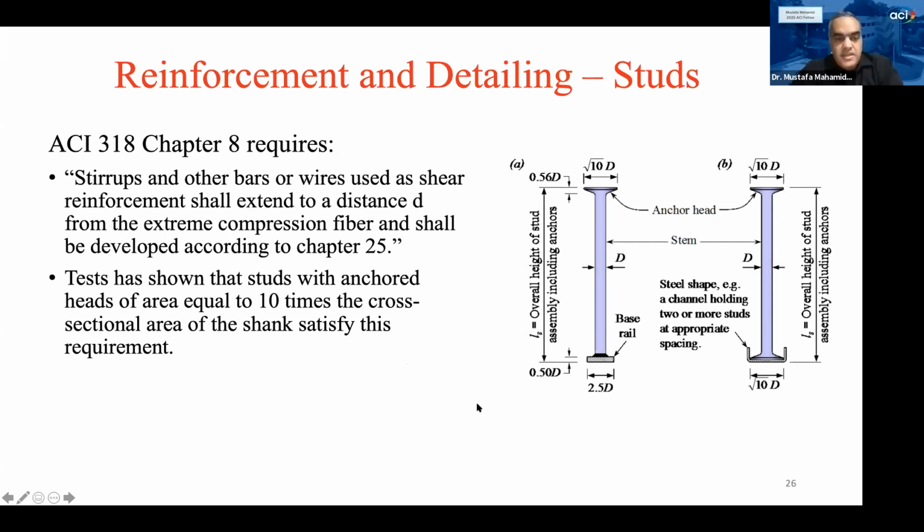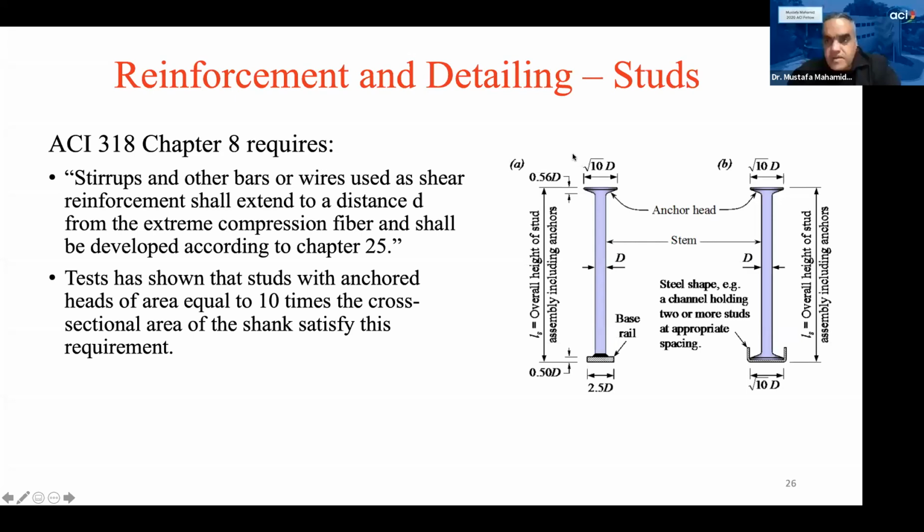So here you can see at the top, the heads of the studs, how they are.